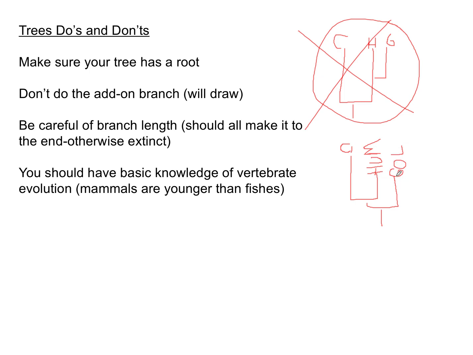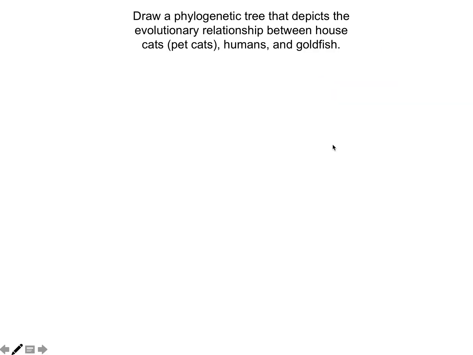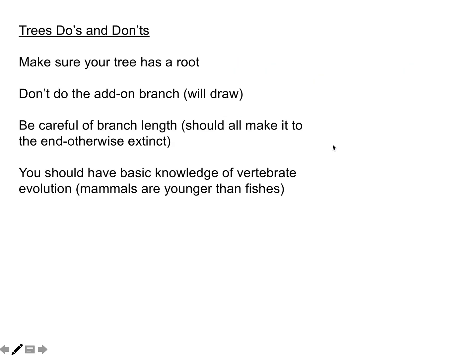So you want to make sure all of those branch lengths come right up to the surface, like that, and then put your labels on here: cat, human, goldfish. Okay.